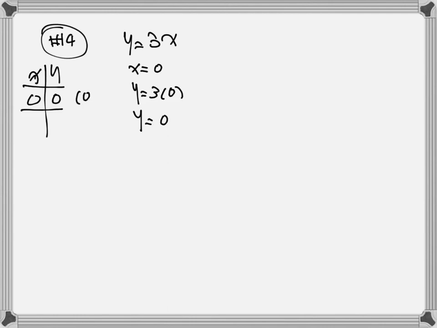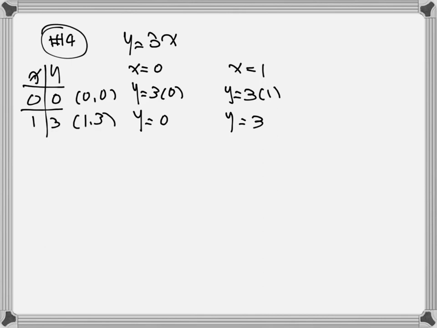So here it will be 0, 0. Okay, next. Over here, I'm going to use x equal to 1. So, let's erase that. So y equal to, still using the same equation, y is equal to 3 times x, x is 1 now. So y is equal to what? 3. So it will be 1 and 3.